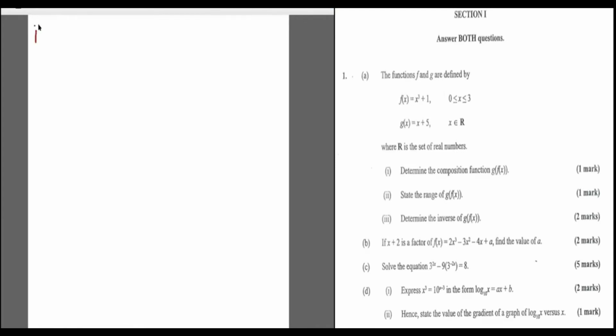The composite function g f of x means we're putting f into g. G f of x, this is what we want. So we're going to put f into g. So g of x is x plus 5, so g f of x is going to be f of x plus 5.